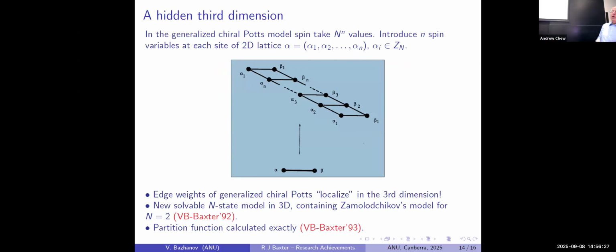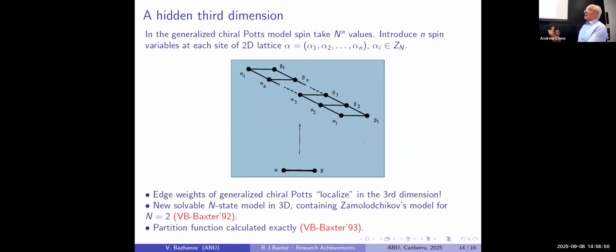After that, it became clear that the generalized chiral Potts model is actually three-dimensional. So you take these n spins and take the two-dimensional edge and picture it like this.